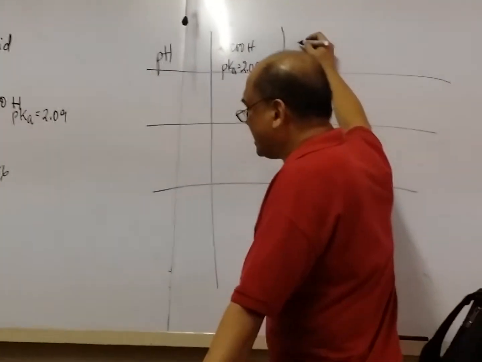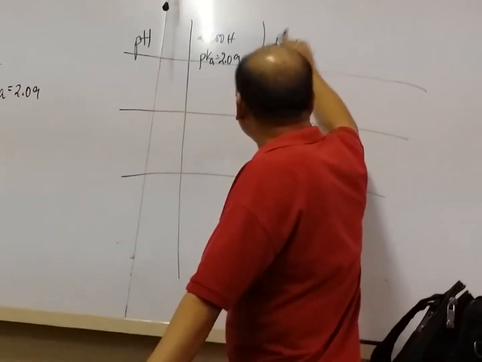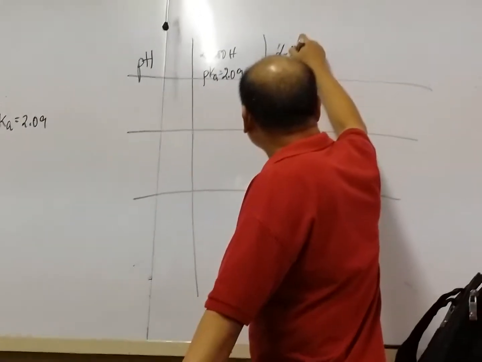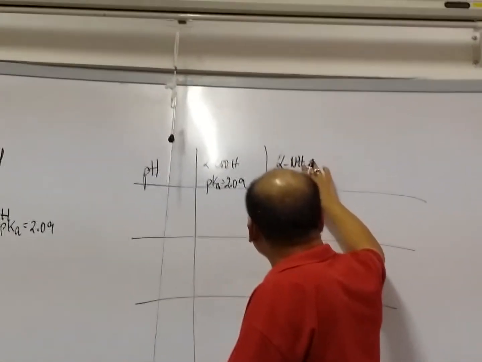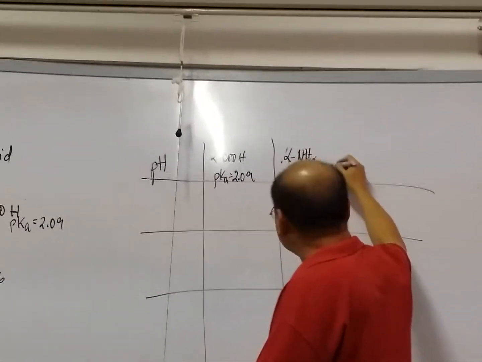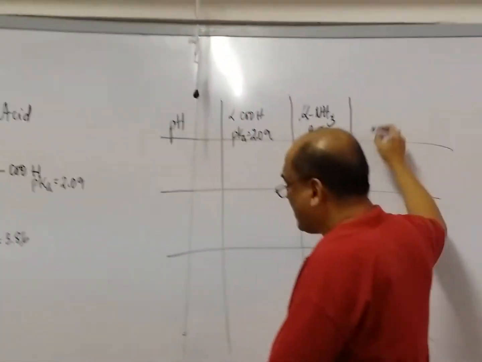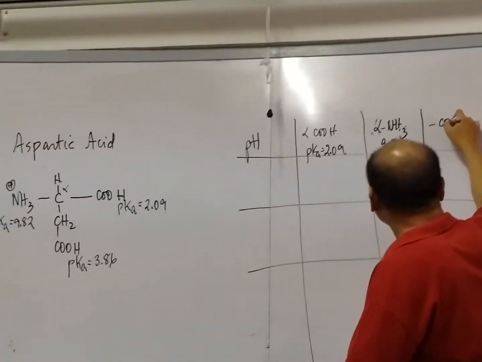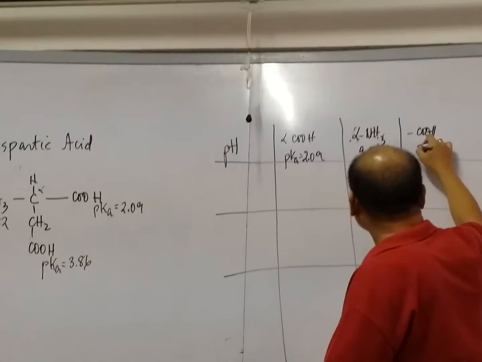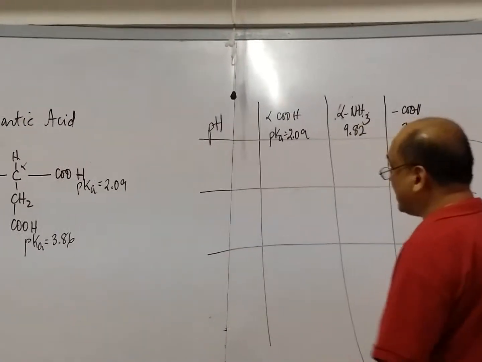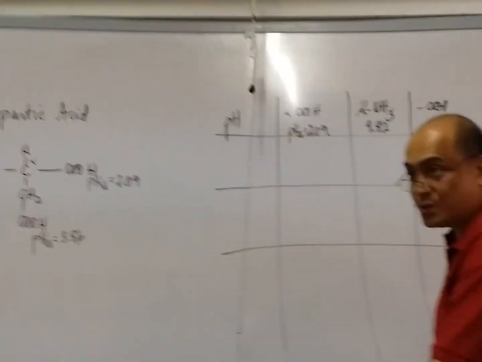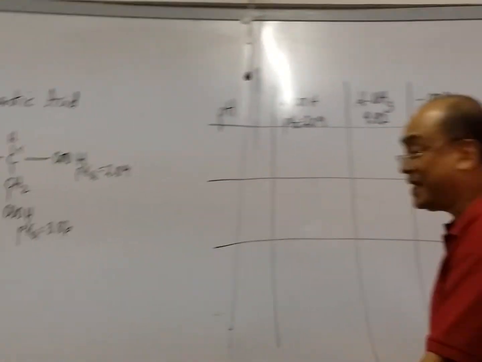Tapos, this is alpha amino group, which is 9.82. And then you have COOH which is 3.86. So, the pH that we're going to choose are the pH that correspond to the pKa.